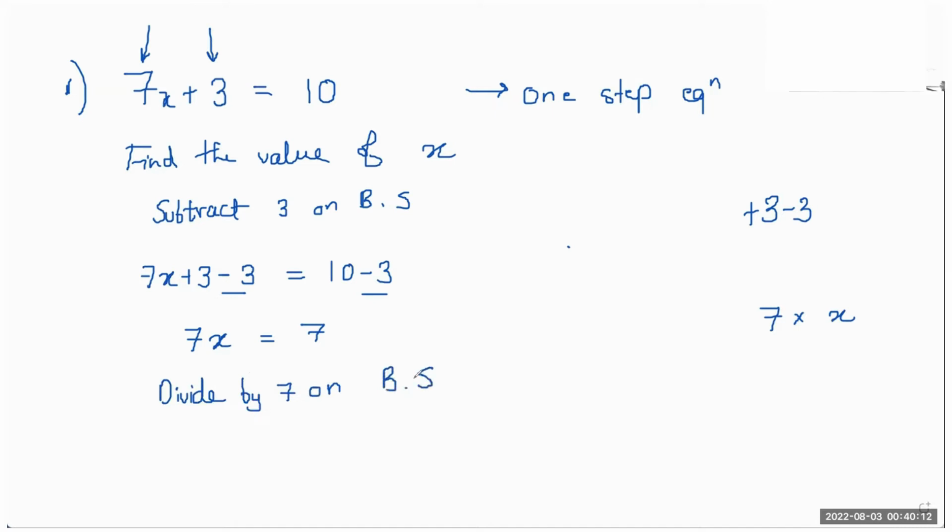So what's going to happen? It's 7x divided by 7 equals 7 divided by 7. Now tell me the answer. I can just cancel this off, 7 and 7. X equals 1. Exactly, that's the answer.